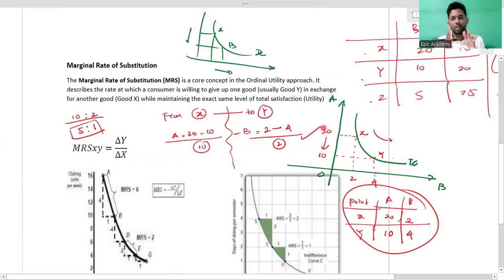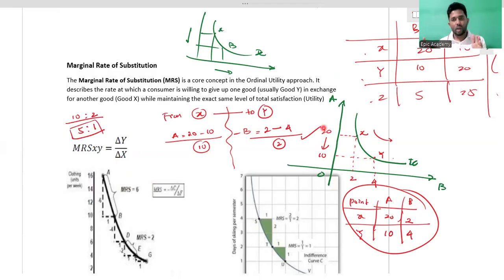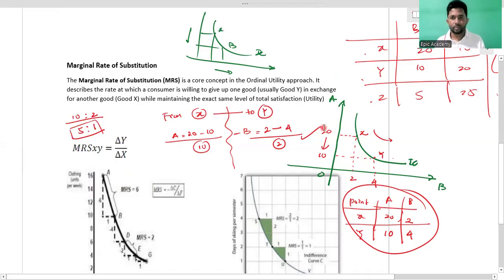So then the base value must be in the B position. The secondary value must be in the A commodity. That is how we are going to calculate the MRS. Your base position must be the increasing commodity. Your secondary position must be the sacrificing value, I mean, A commodity in this position.